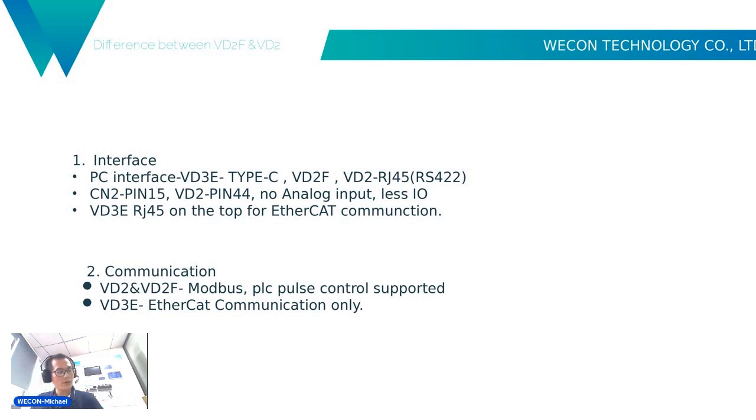So this is the main difference. Currently, the power of our VD3E is the same as the VD2: from 0.2 kilowatts to 5.5 kilowatts.